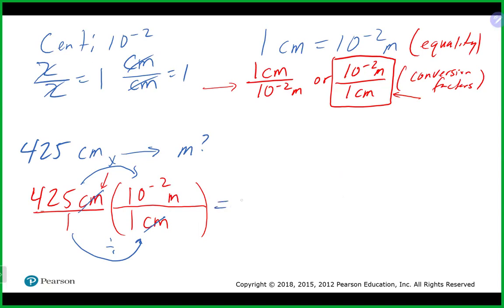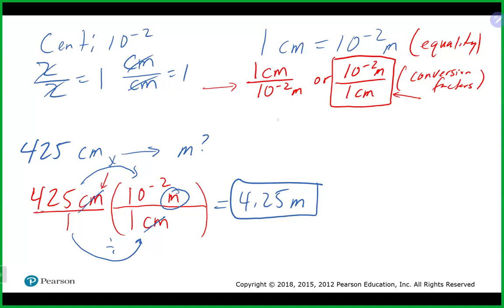And you will end up with 4.25. The only unit that's left is meters, which is up on top. So we basically took 425 times 1 times 10 to the minus 2. I didn't really divide because everything on the bottom is 1, so there's really nothing to divide by, but you'll get the same number if you divide it by 1. And that is how we would convert, for example, from centimeters to meters.